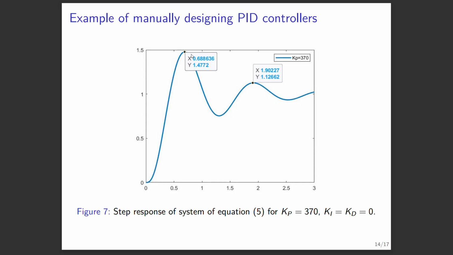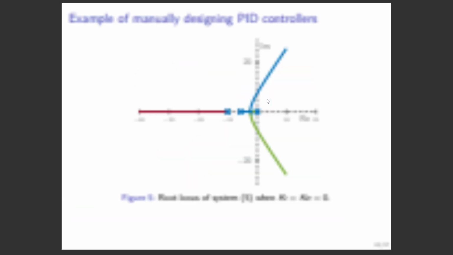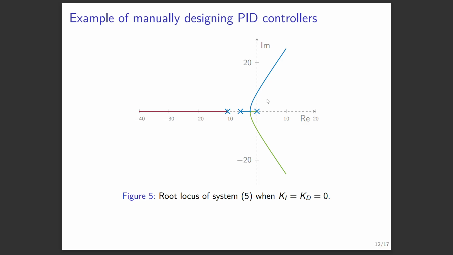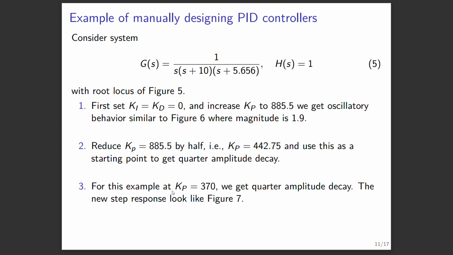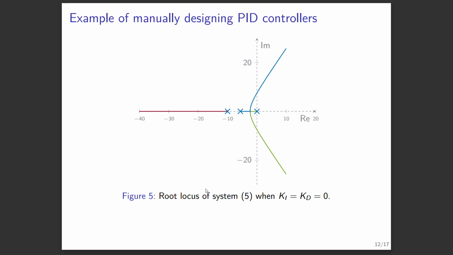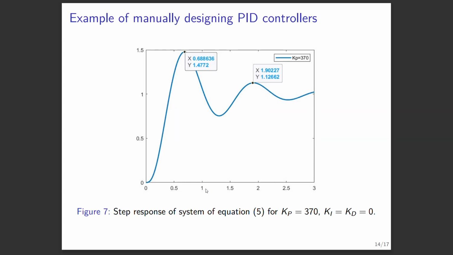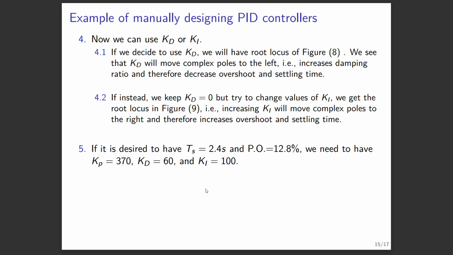So now my wave is losing 3/4 of its value in one period, and that's what I want. So I decrease Kp until I get to a point that I have this behavior. After that, I can use Ki and Kd to find the behavior I want.